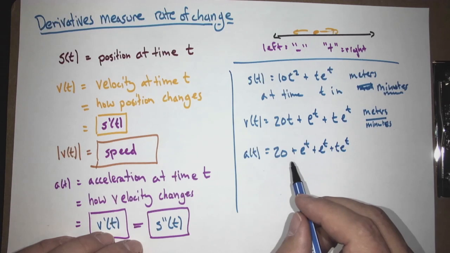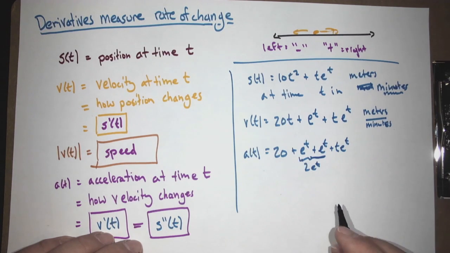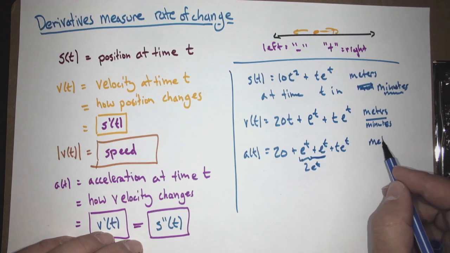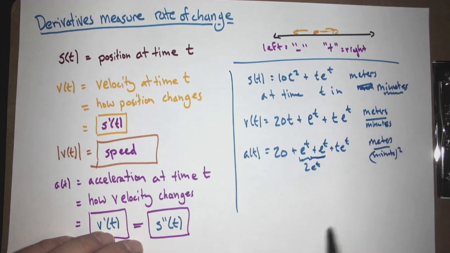Now, if you wanted to, you could combine and say this is 2e to the t. What are the units? Meters per minute squared. Okay. So, given position, we can find velocity, we can find acceleration.